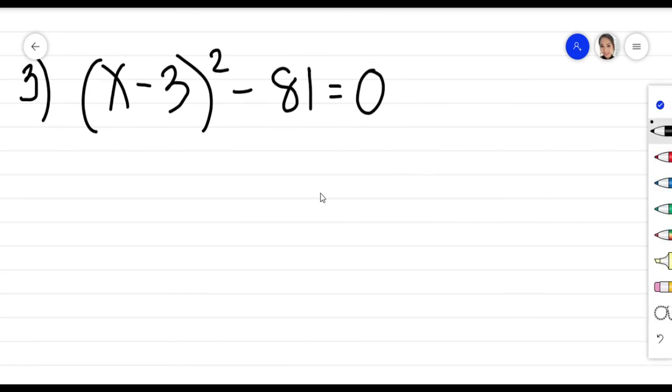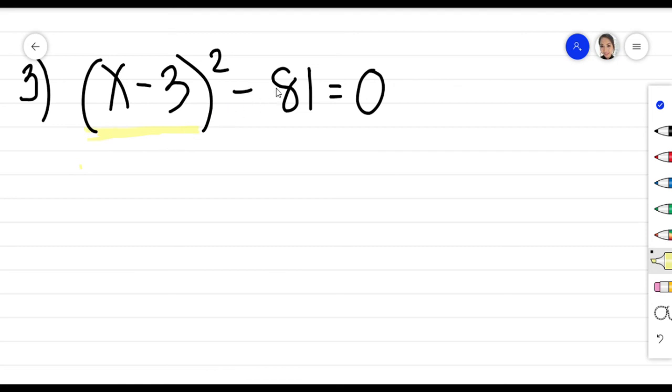So for the third example, we have here the square of the binomial x minus 3, minus 81 equals 0. So you may think that this is complicated, but actually it's very easy. Now, since this term here, x minus 3, is a term that has an exponent 2, we want x minus 3 to be isolated, or it should be left on the left side alone.